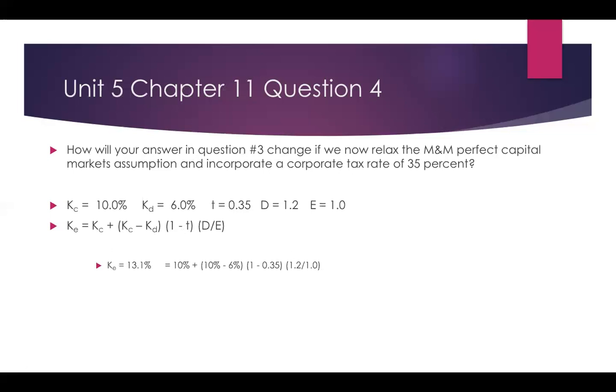Once again, you plug those figures in, and you'll see that now you're looking at 13.1%, which should be expected. Ultimately, if we're adding an outside factor, that should be something that's going to lower your percentage there.